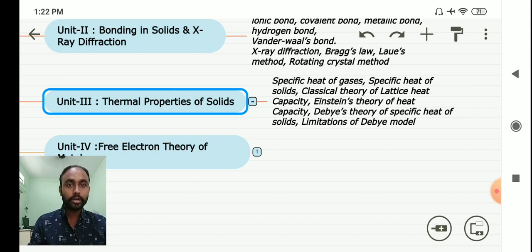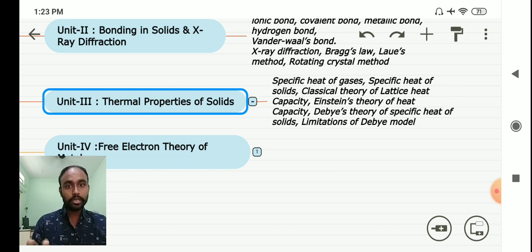That will be the quantum approach. So we have to see both theories, classical theory as well as Einstein's theory. Einstein went deep and talked about quantum mechanics, and that theory is also known as quantum theory or Einstein's theory. Classical theory only talks about the external appearance of the material and how the material externally behaves with respect to heat.